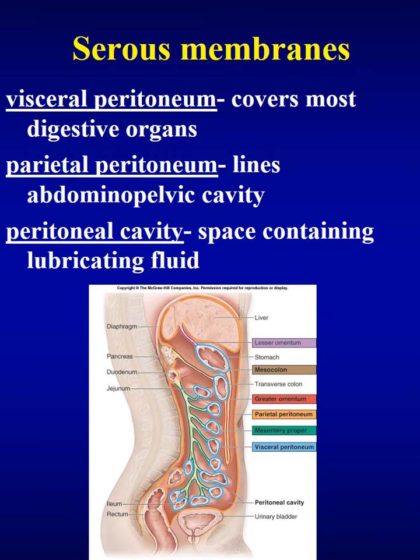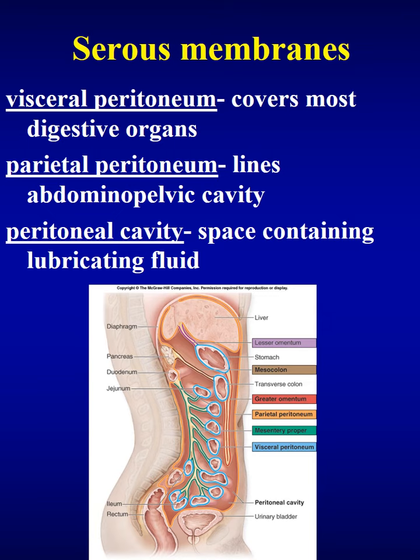So the organs that are completely surrounded by visceral peritoneum are the intraperitoneal organs, and they include the stomach, part of the duodenum of the small intestine, the jejunum and the ileum of the small intestine, the cecum, appendix, and the transverse and sigmoid colon of the large intestine.